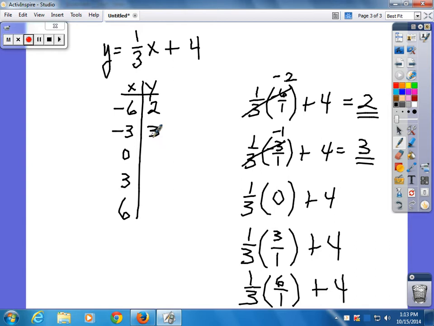What happens to 0 times 1/3? It goes to 0. What's 0 plus 4? At this point, you can find your pattern. What are we doing? Adding 1. So 2, 3, 4, 5, and 6. Let's check the last one. 3 will go into 6 how many times? What's 2 plus 4? That's right. And that's how you graph using method 1 with a fraction.